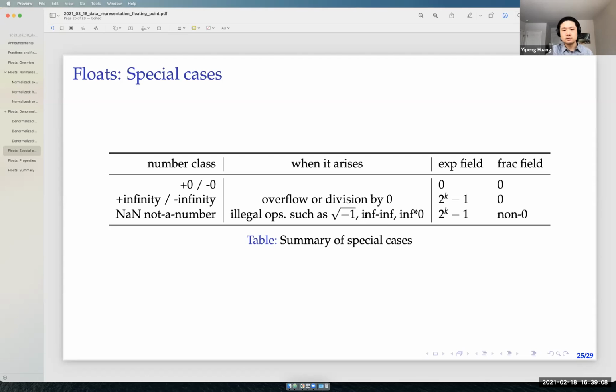Likewise, multiplying infinity by 0 is neither 0 nor infinity. This is not a defined number. And so in floating point numbers, whenever you try to do this kind of computation, you can raise an error saying that you've tried to calculate not a number.